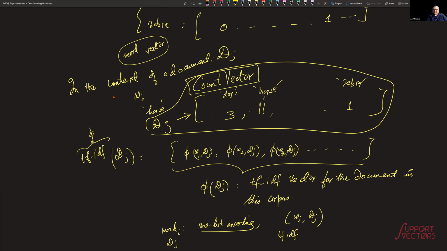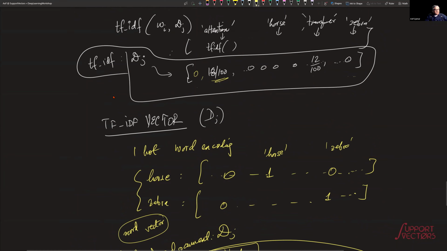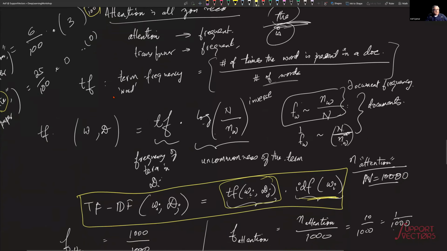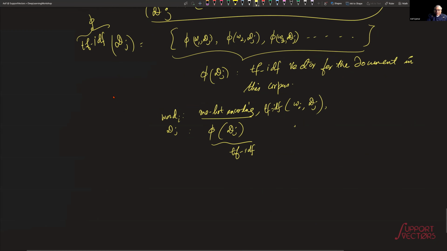Let me just use the word TF-IDF, let me not confuse it. On the other hand, for the document DJ, we have the TF-IDF vector, which is different. Remember, TF-IDF for a word is a value, like, for example, 18% for the word attention. If you remember here, we found this number, right? 18% for the word attention and 0 for the word the and so forth. But for a document, it is a vector.